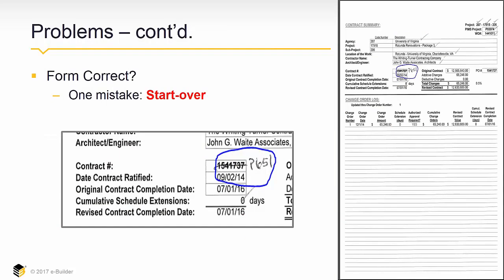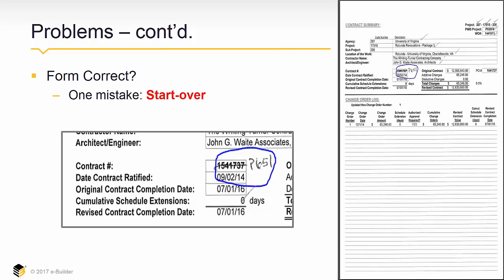As I said, we have a form that we use for construction change orders. It's 7 pages. I've only shown a couple of pages here, but one of the problems with the form is that there are literally hundreds of bits of information that need to be entered each time.